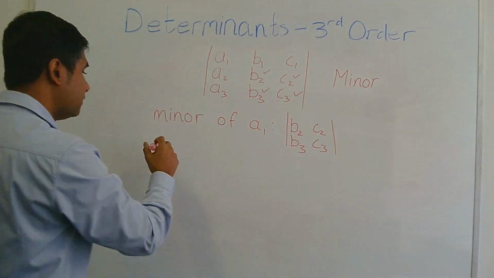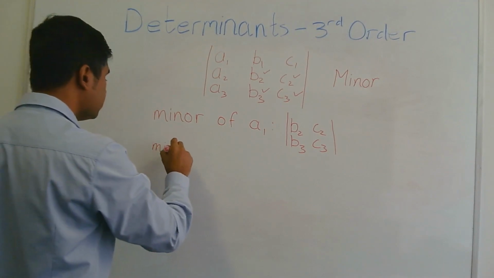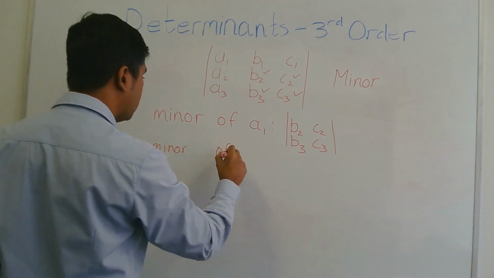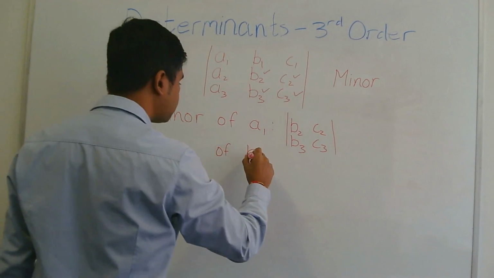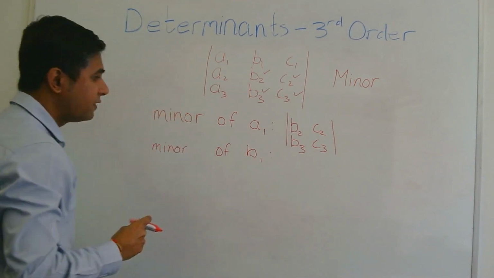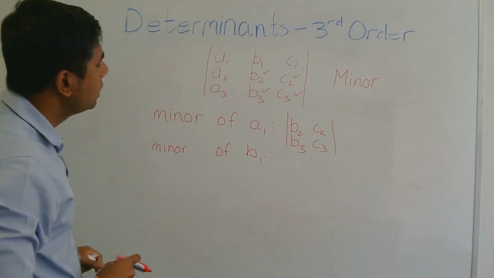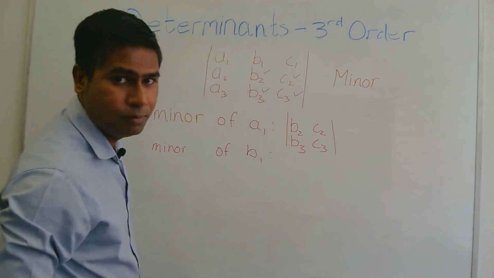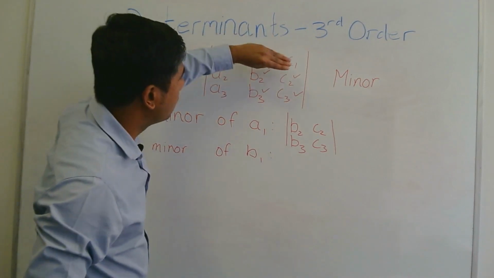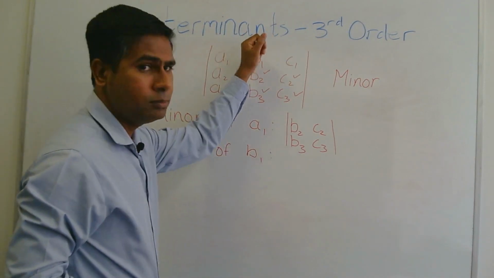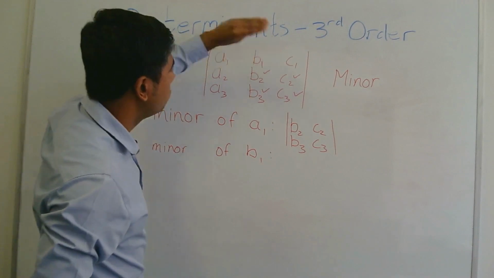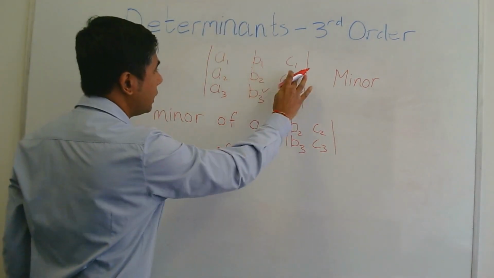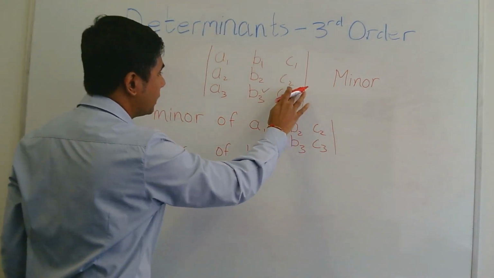So now we want to find the minor of this element B1. In order to find the minor of element B1, we have to block out column 2, since it's in the second column, and then it's in row 1, so we block out row 1. When we do that, we have to write what's left.